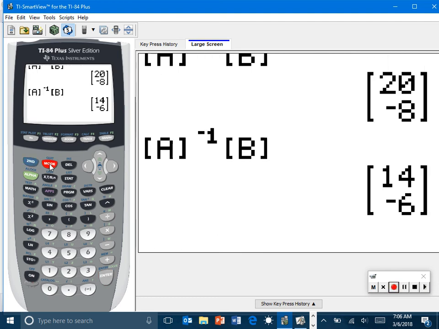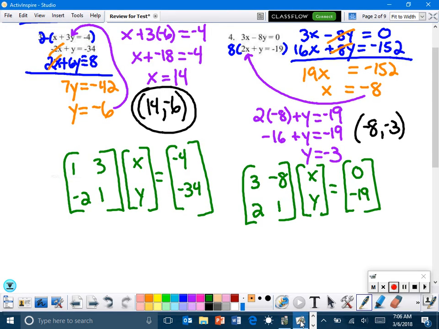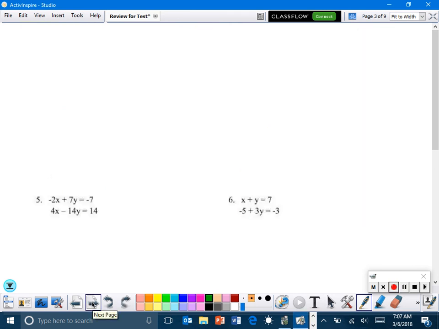Remember, quit. And second enter. Voila. Negative 8, negative 3. Okay, moving on. Number 5.